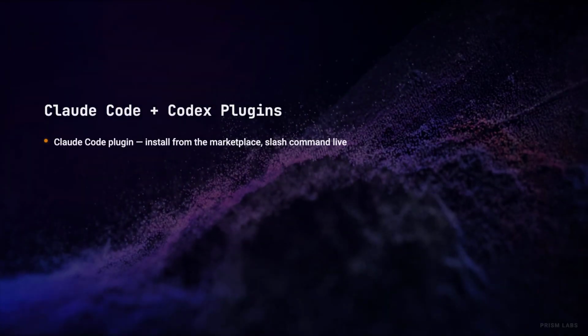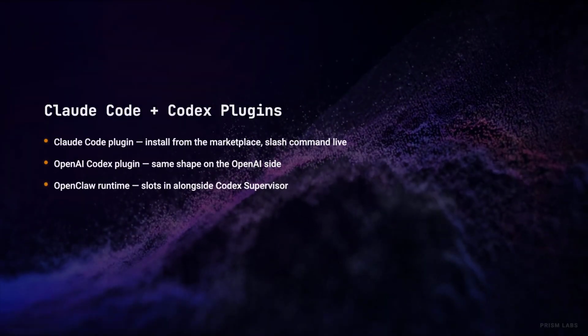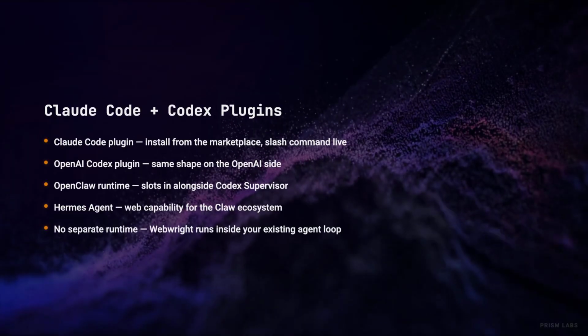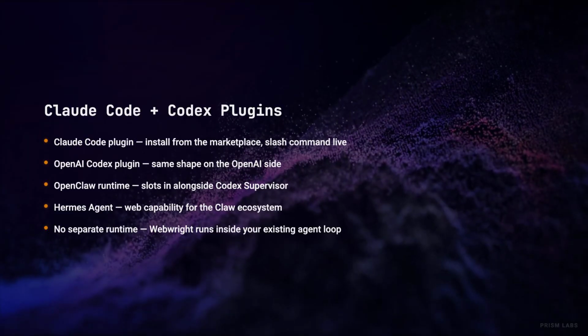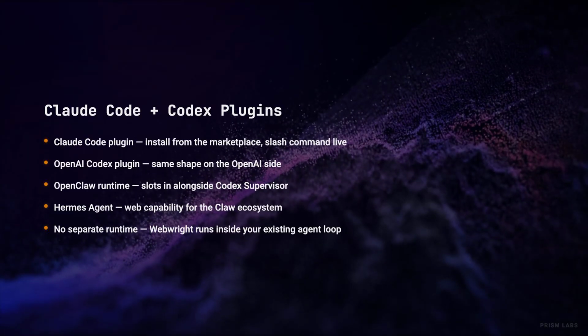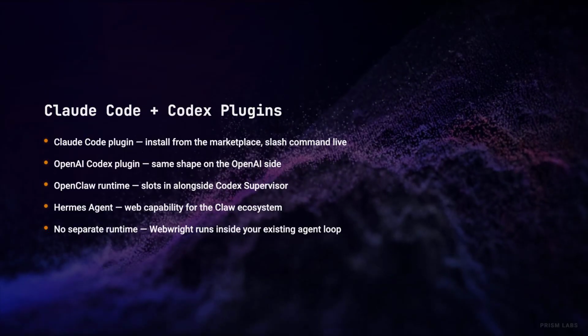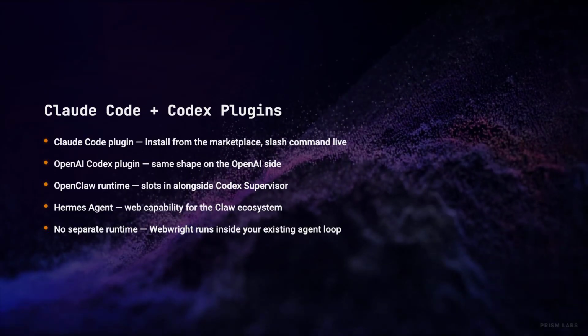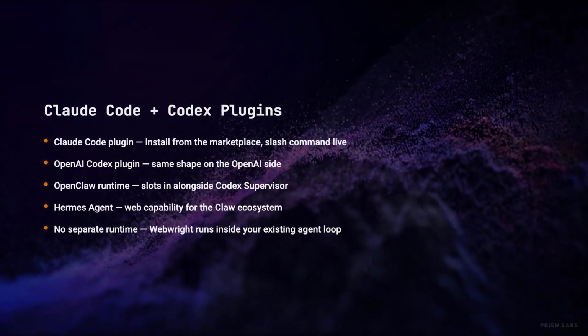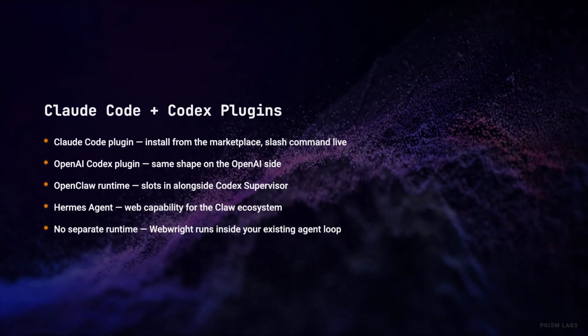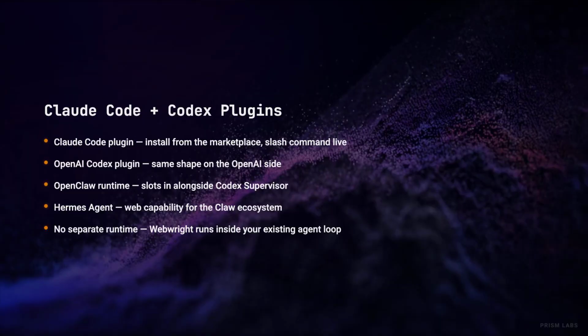Plugin manifests ship for Claude Code, OpenAI Codex, OpenClaw, and Hermes agent. Install the Claude Code plugin from the marketplace, and Webwright becomes a / command inside your existing Claude Code session. No separate runtime, no second agent loop running alongside the one you already have. The Codex plugin does the same on the OpenAI side. For teams already running OpenClaw, the manifest plugs into the gateway as another agent runtime.